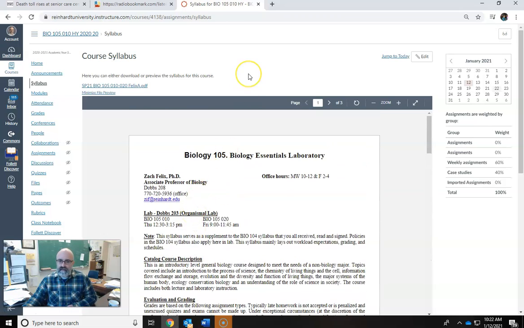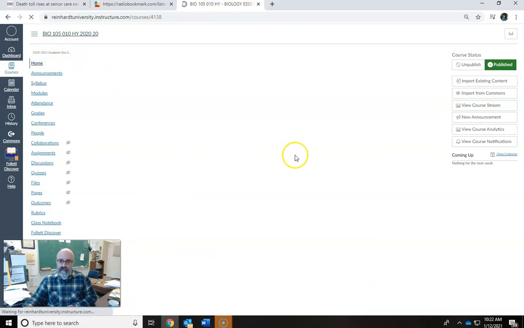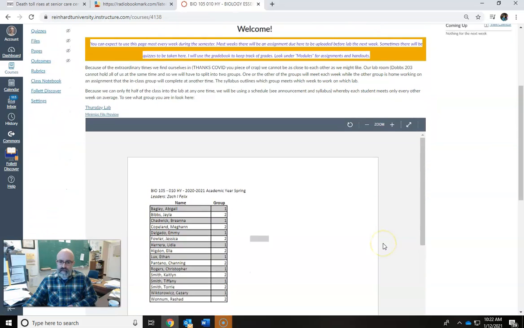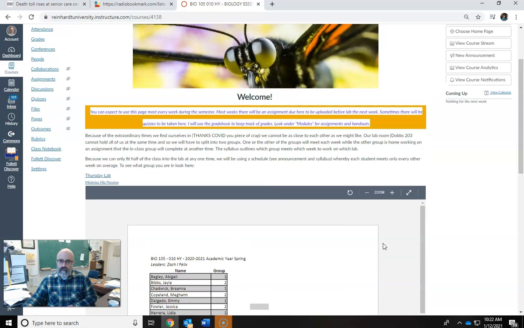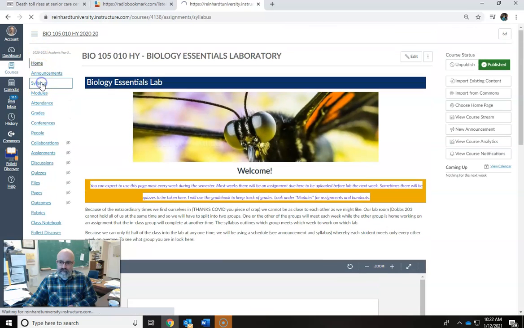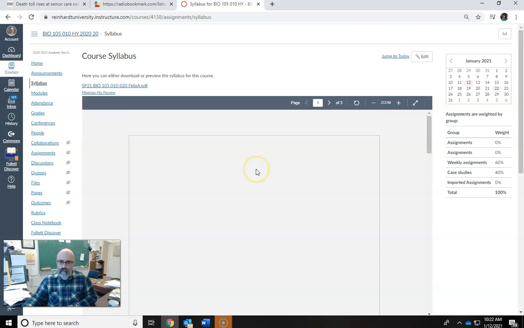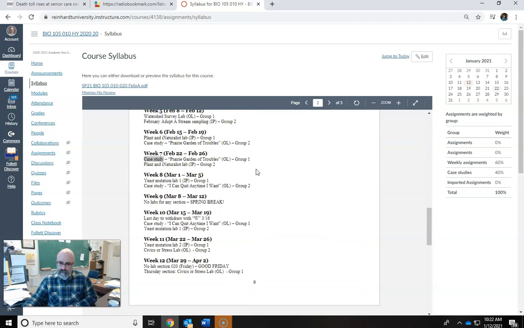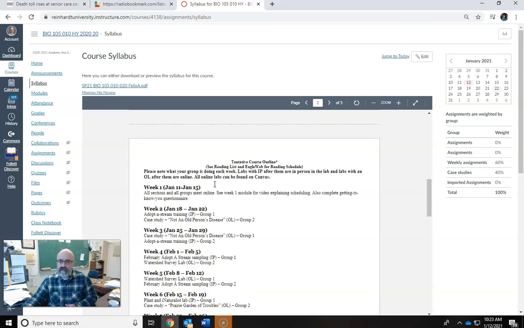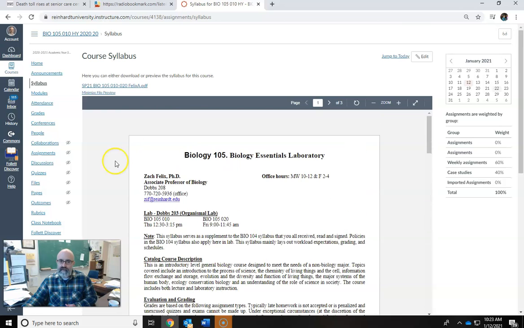Still may not be clear to you, but between these group numbers on the home page and this schedule at the bottom of the syllabus that lists the week and whether the group is in person or online, you should be able to make sense of what's going on. If not, of course, ask questions.